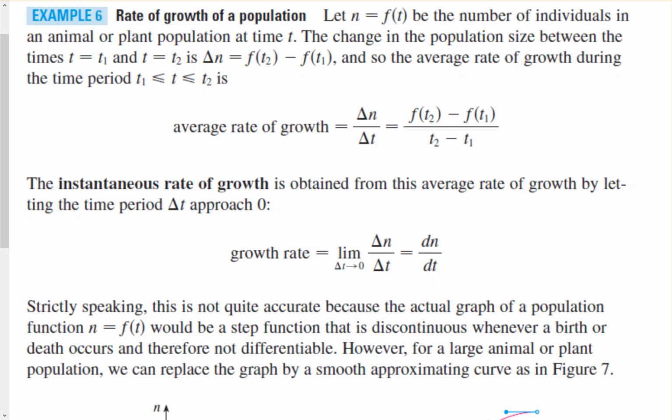So the average rate of growth during a time period is delta n over delta t. And then the instantaneous rate of growth is obtained from this average rate of growth by letting the time period delta t approach 0. So basically dn/dt, that would be the instantaneous rate of growth.